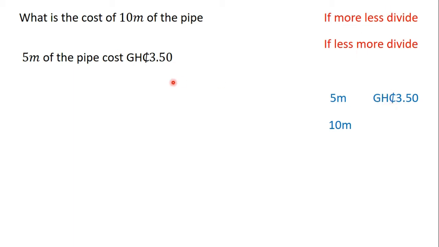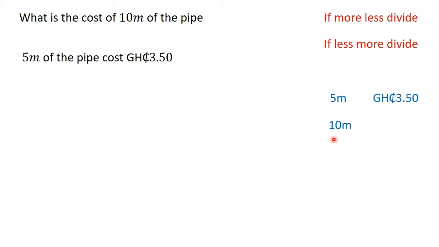Let's come back to our question. We know that the rate is 5 meters cost 3 Ghana cedis 50 pesos. Now, we want to find the cost of 10 meters. So this time we are changing the length. We want to find the new cost.